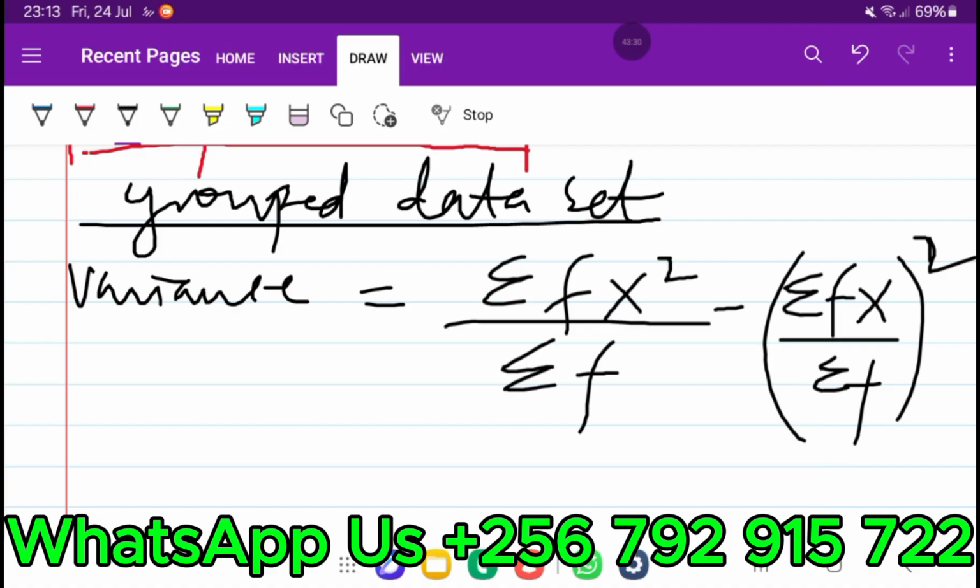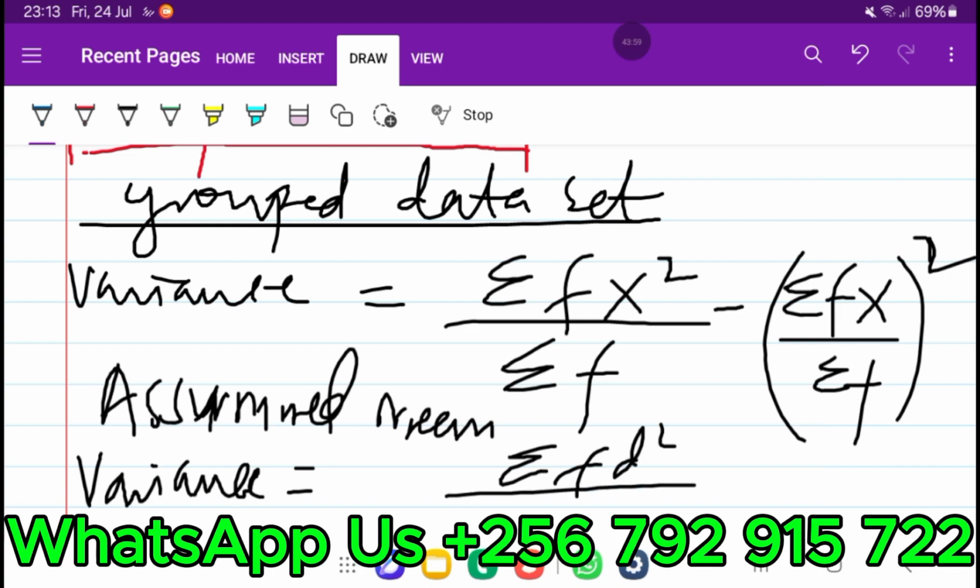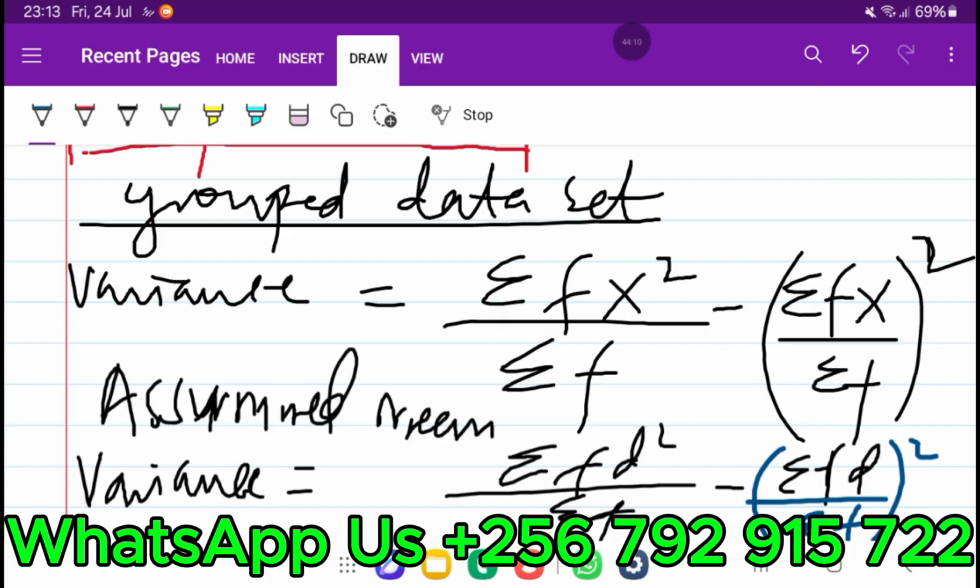If at all there is some kind of assumed mean, if they have provided for you maybe the assumed mean, then variance will change, it will just be summation fd squared over summation f minus summation fd over summation f bracket squared.